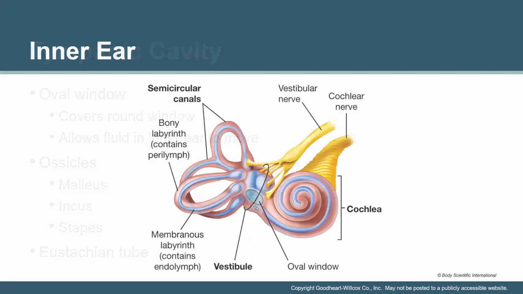Okay, so when we get then to the internal ear, we can look at some structures. Remember, the oval window will connect the tympanic cavity with the inner ear. The inner ear structures reside in a hollow tunnel, and this is known as the bony labyrinth. There are three components.